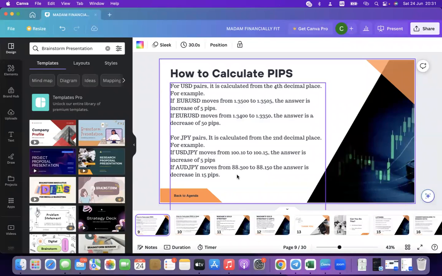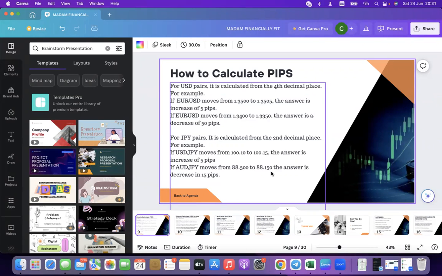All right, look at this one. It moves from 88.300 to 88.150. Ignore this. The 3rd value is the pipette. Pipette is what they call 1/10, a fraction of a pip, which is 1/10 of a pip. So these ones are not necessary, because remember, the 2nd decimal place is what we are focusing on.